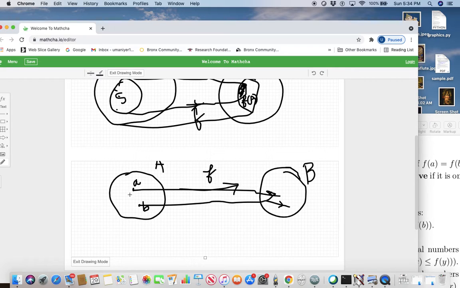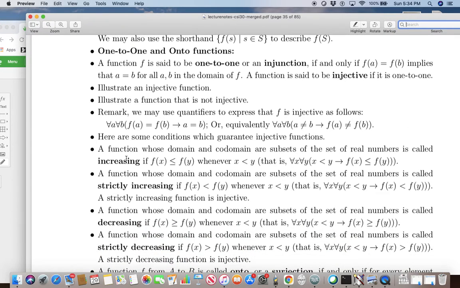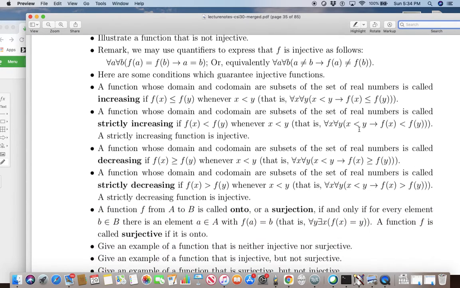The moment you have two elements going to the same image, you are no longer injective. Remark, we may use quantifiers to express f as injective as follows. For all a, for all b, f(a) equals f(b) implies a equals b. Equivalently, for all a, for all b, whenever a is not equal to b, we have f(a) is not equal to f(b).